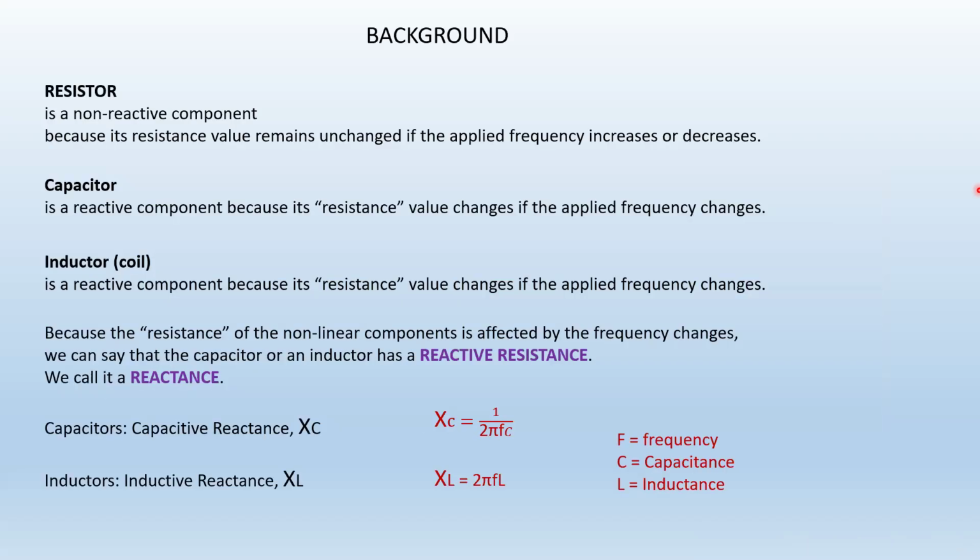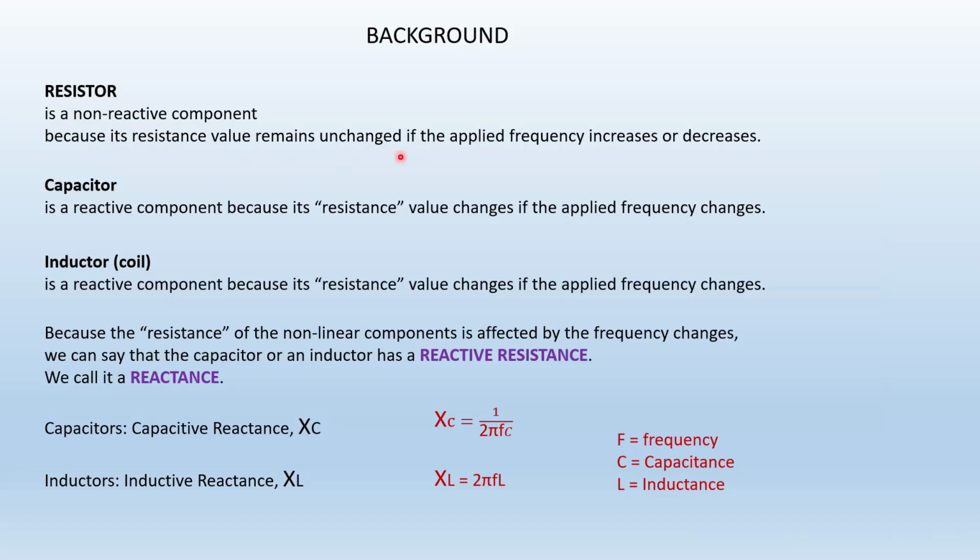Now let's get some background information here. Let's take a look at the resistor, capacitor, and inductor, or a coil. Now, a resistor is a non-reactive component because its resistance value remains unchanged if the applied frequency increases or decreases. So if the frequency changes, the resistor will still have its own nominal resistance.